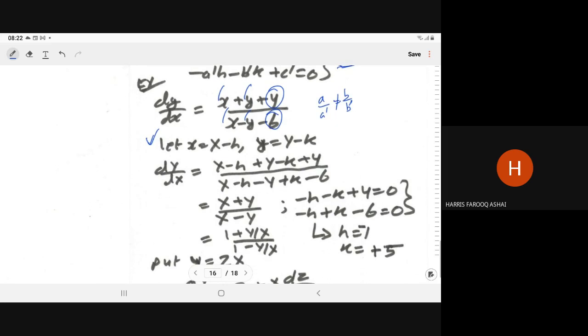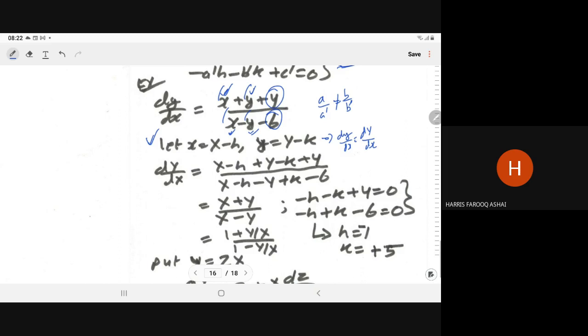From this you can get dy by dx is equal to capital dY upon capital dX. So dY upon dX is equal to, x is capital X minus h, y is capital Y minus k, plus 4 upon x is equal to X minus h, y is equal to Y minus k minus 6.